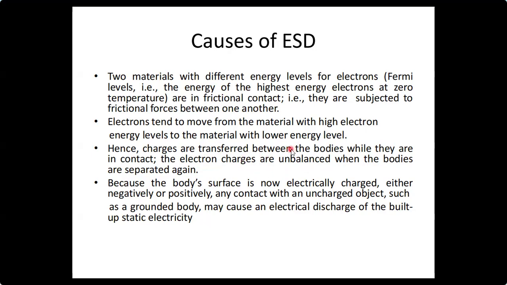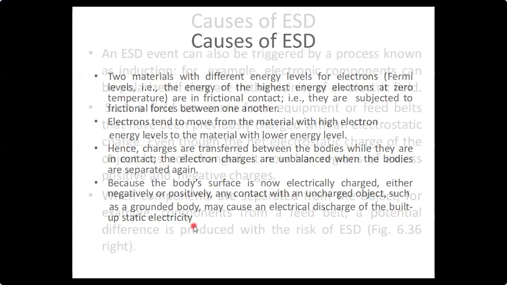This is a very important point, because the surface is now electrically charged, either negatively or positively. Any contact with uncharged objects such as grounded bodies, and every circuit should have a grounded body, may cause electrical discharge of the built-up static electricity.